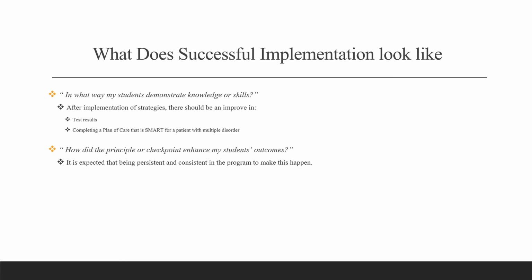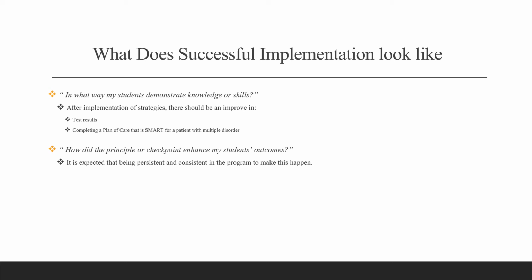So the last question in the rubric is asking, what does successful implementation look like? Basically, if the student doesn't understand or comprehend the content, the first assessment, which is the test, shows a lower grade.